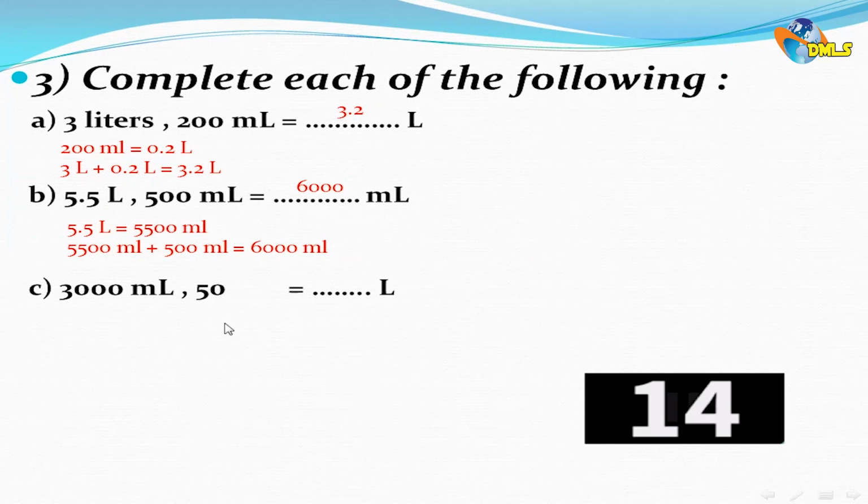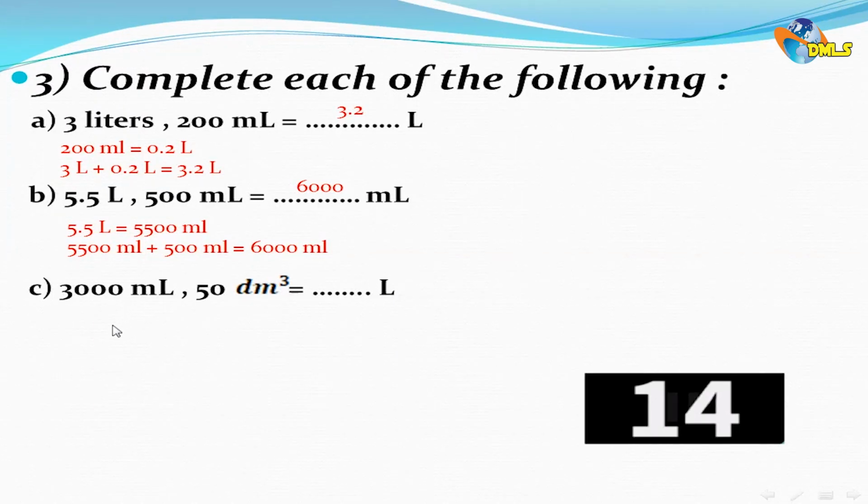Letter C. 3,000 milliliters and 50 cubic decimeters equal how many liters? In this example, we find that at the end we find liter, so we will convert milliliter to liter and convert cubic decimeter to liter. We said before that 1 liter equals 1 cubic decimeter. But how can we convert milliliter to liter?